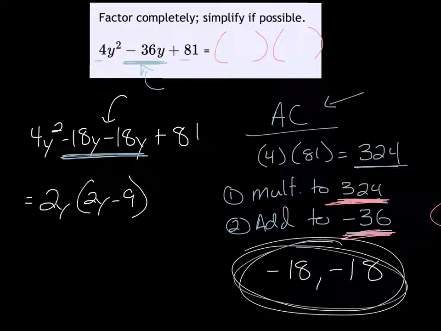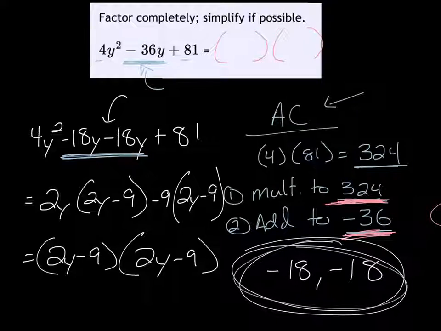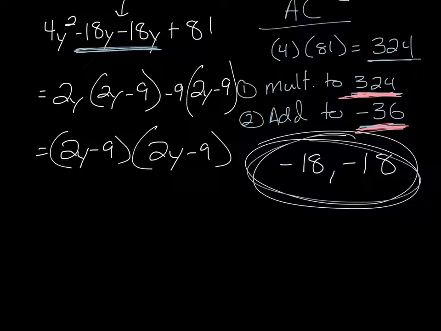Now I'll factor out a negative 9 from the last set, and that gives me a positive 2y and a negative 9. My final factored answer is 2y minus 9 times 2y minus 9, which, if I want to be cool, and you should want to be cool, I rewrite as 2y minus 9 squared.